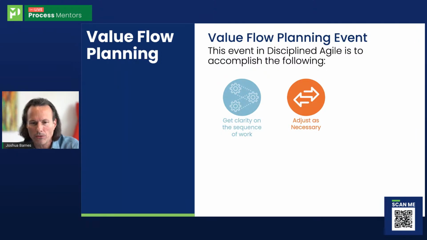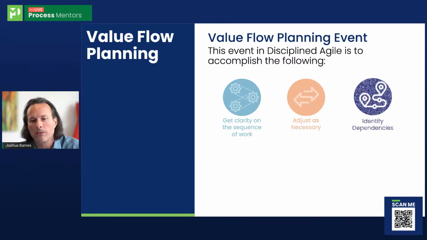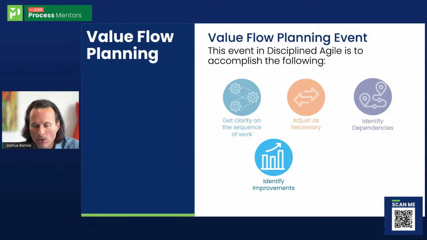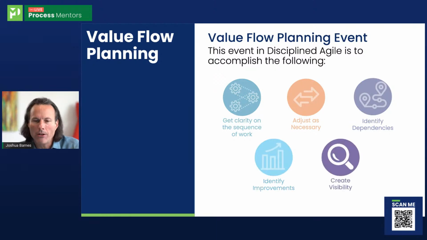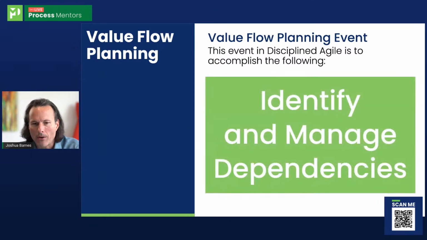So adjusting things from a right or left perspective on the timeline. Identifying dependencies. What are they? What options do we have to bring them from outside of a team to inside of a team? How do we look at identifying improvements? And finally, creating visibility.